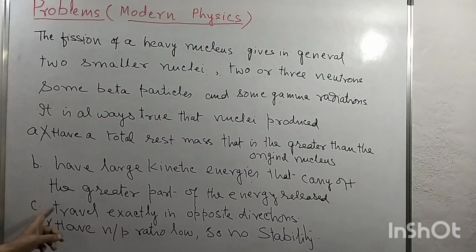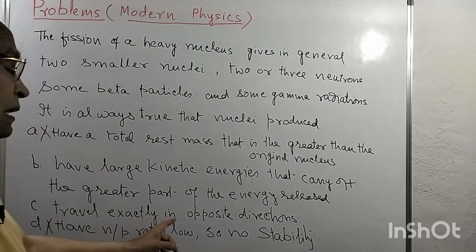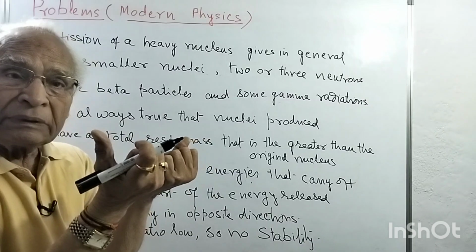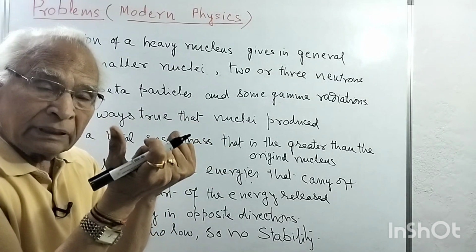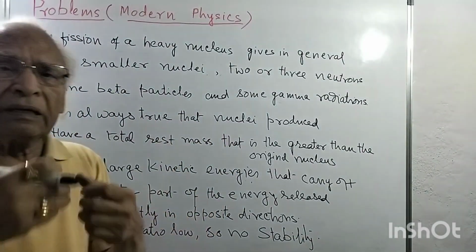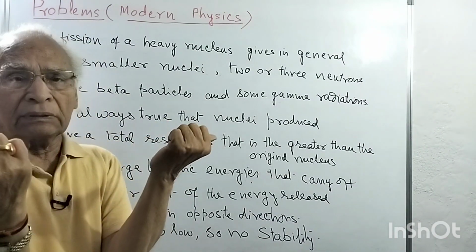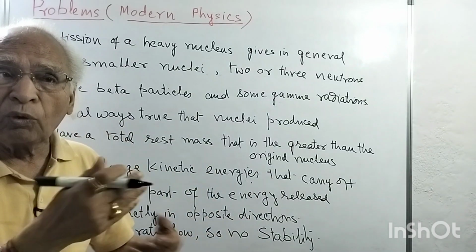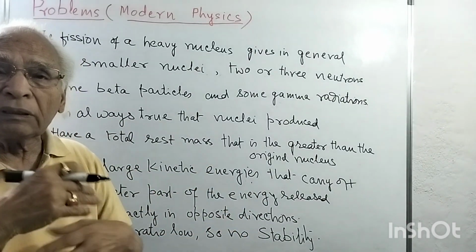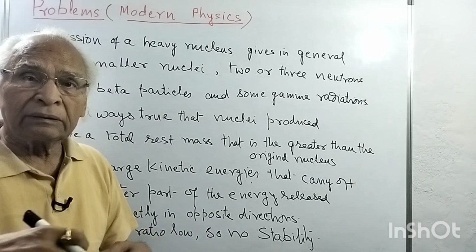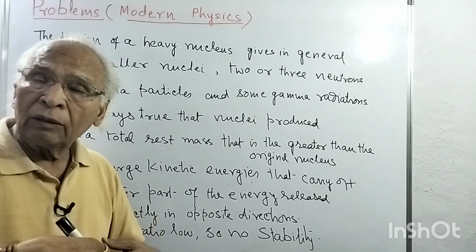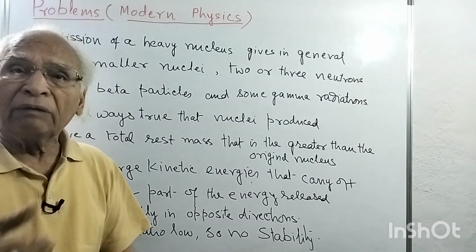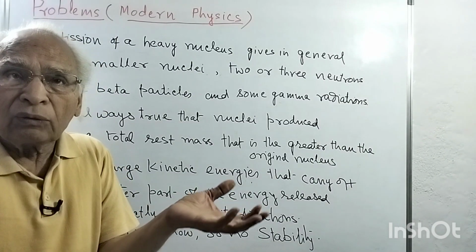And travel exactly in the opposite direction. Why should they travel in the opposite direction exactly? Particles after any interaction travel just opposite to each other to conserve the momentum. But here there are many particles going in different directions. It is not a controlled fission. Humans produce fission in the reactor that can be controlled, but when fission starts, it is not controlled.